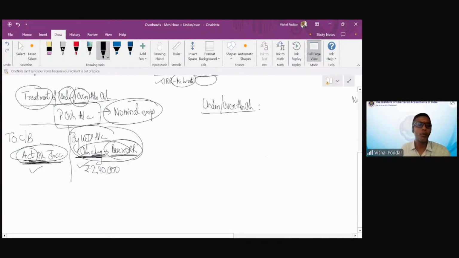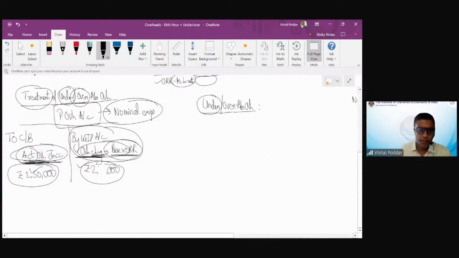And this is the amount of overheads which you have actually paid or incurred, which comes to 2,50,000 in the year. Now what has happened? You have paid 250 and you have charged 240. So you have charged less. How much? 10,000. So this difference of 10,000 is your under absorption, under charging.